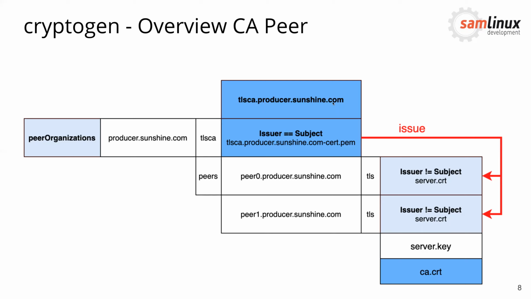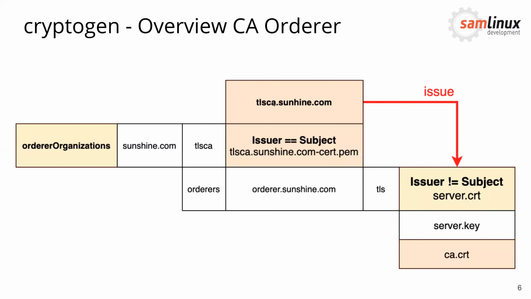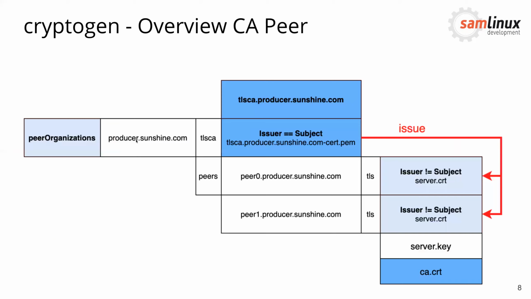So we have our own certificate authority for this organization. So when we look back to this, we have a TLS CA sunshine.com. This is our organization, the orderer organization. And when it comes to the peer organization, we have here, this is our peer organization.